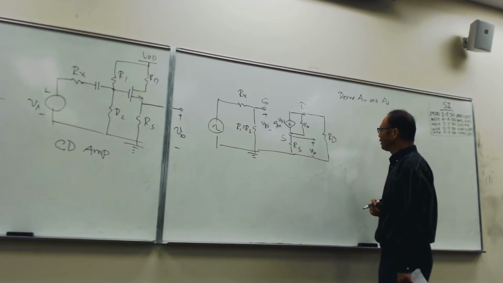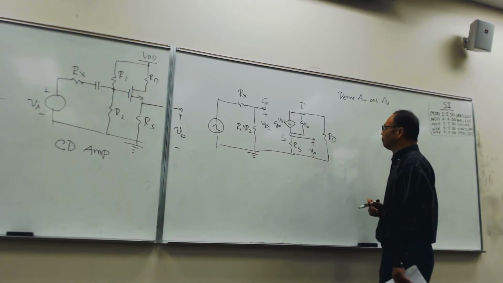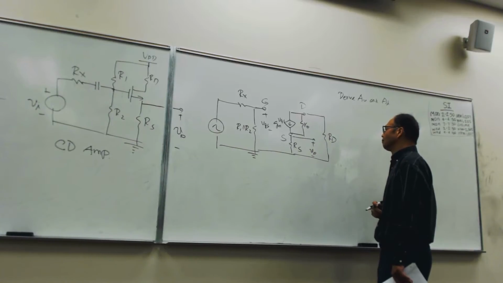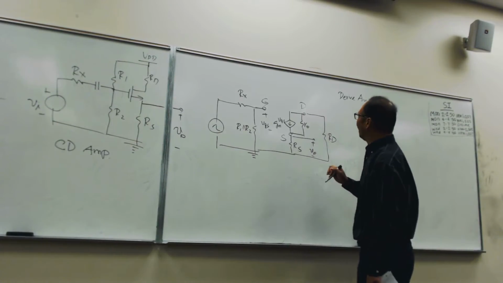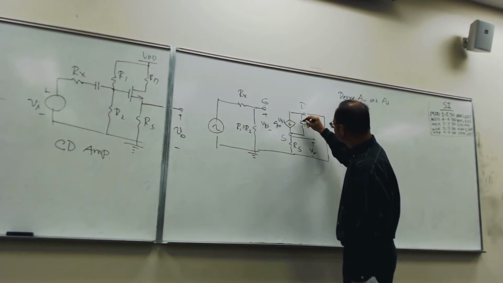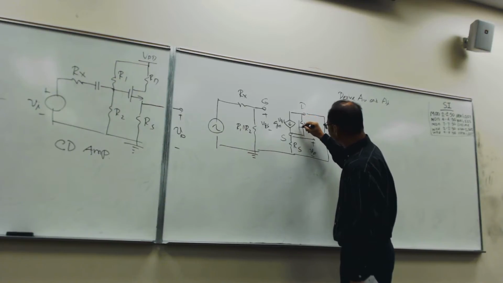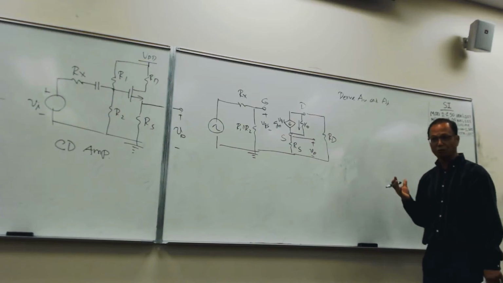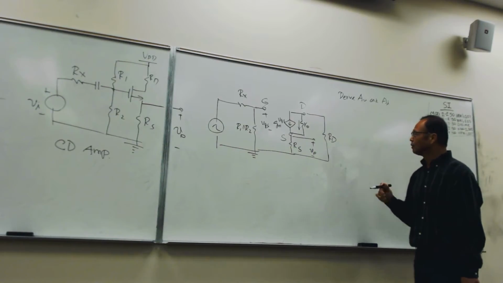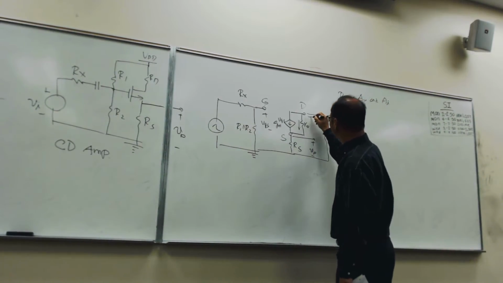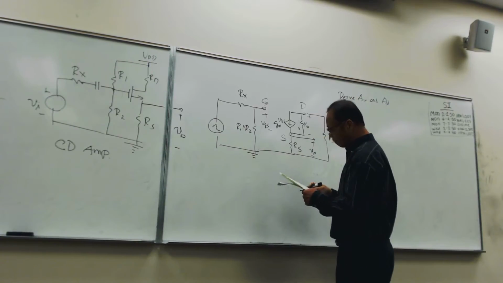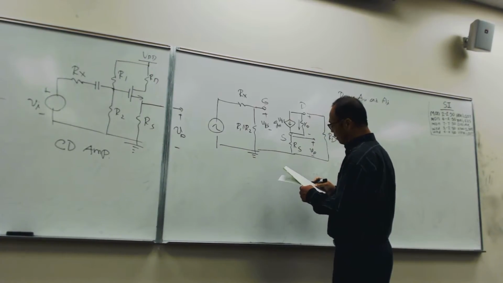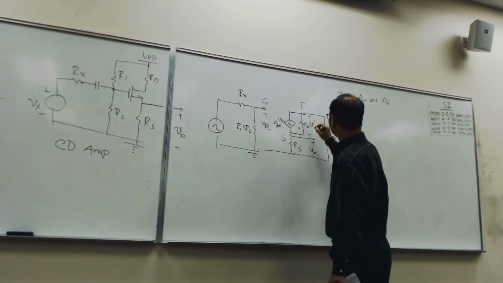So first of all, what is V sub O? There's a current going through here, which is not known at this time. So I'm going to have to call this V sub prime, correct?